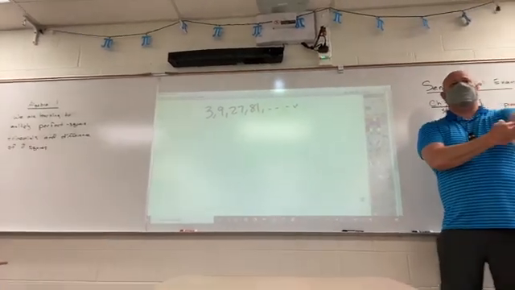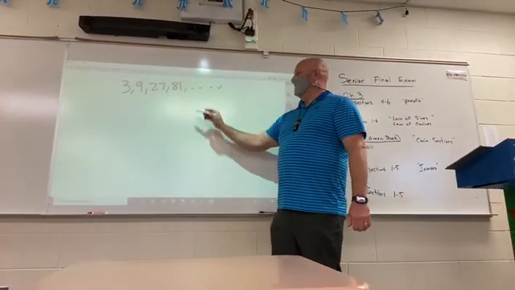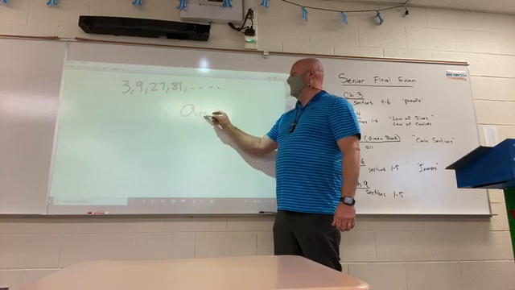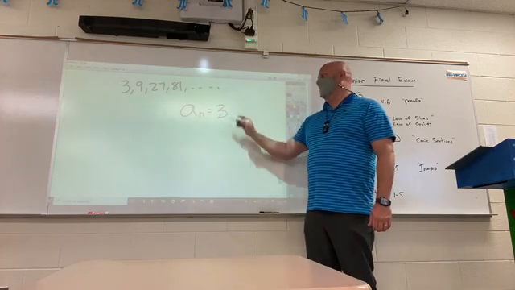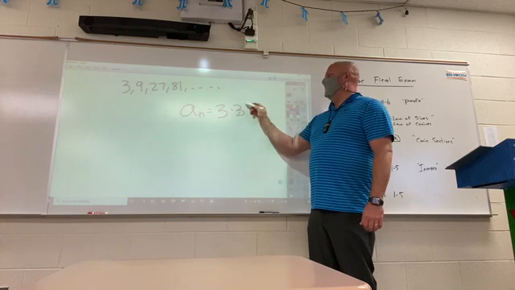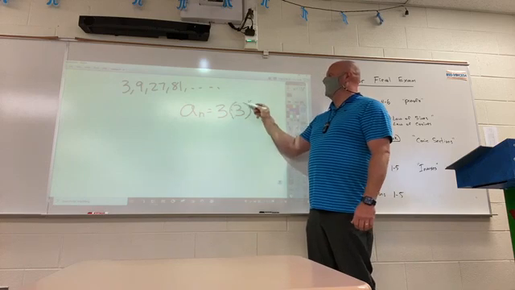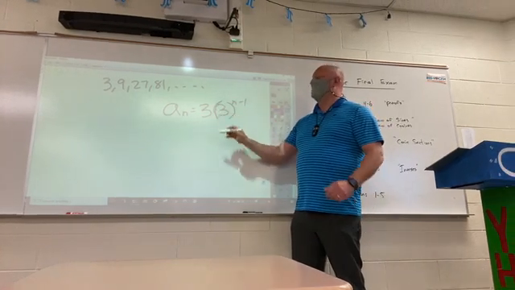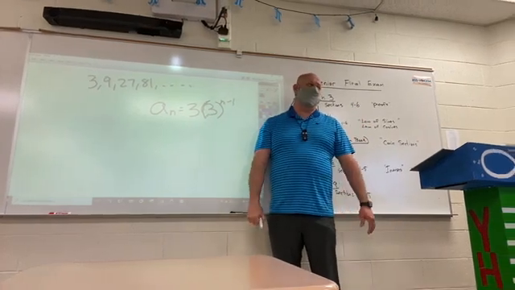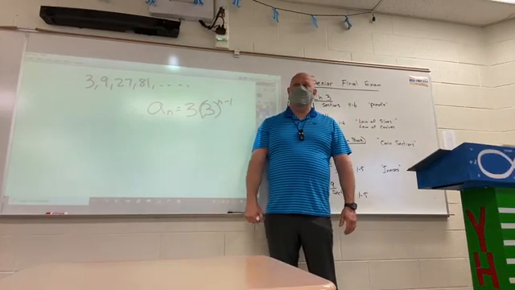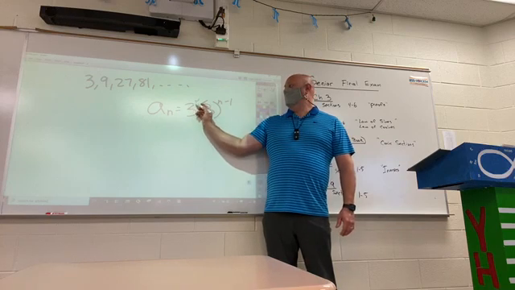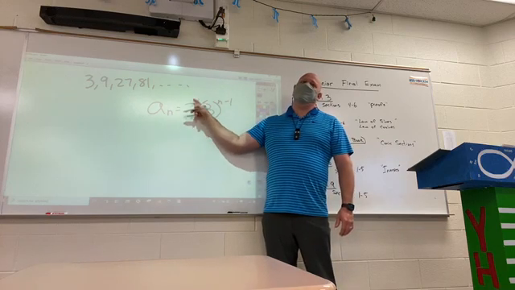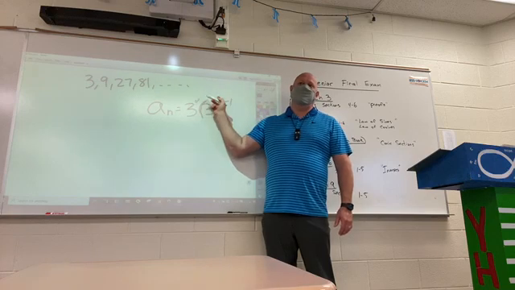What's the general term here? What's my a sub 1? 3. What's my r value? 3. Now, when those two things are the same, you can simplify that a little bit. What's the exponent here? When you multiply two numbers with the same base with exponents, what do you do with the exponents?